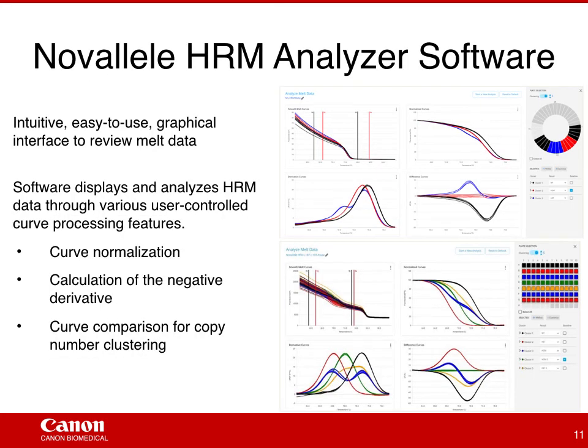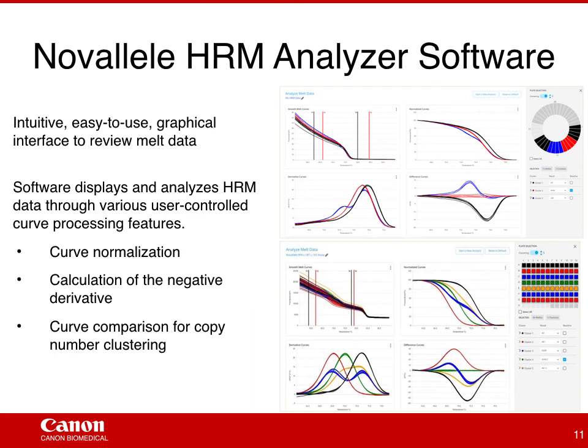The sample data shown today were visualized using the Novallele HRM Analyzer software. At Canon BioMedical, we have a lot of experience with HRM analysis software that comes loaded on HRM-compatible thermocyclers, as all of our Novallele assays use HRM analysis. We developed our own software for HRM analysis that is very intuitive and user-friendly.